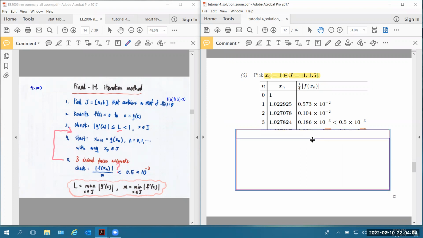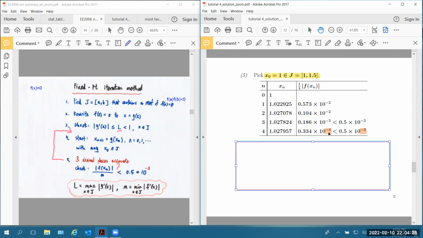So then you just want to be safer, and you go and do another one. You try to do it until this is one level up. This is 10 to the power minus 3, right? So now it's 10 to the power minus 4. Obviously now 10 to the power minus 4, is it less than 0.5 times 10 to the power minus 3? Yeah, of course, right?